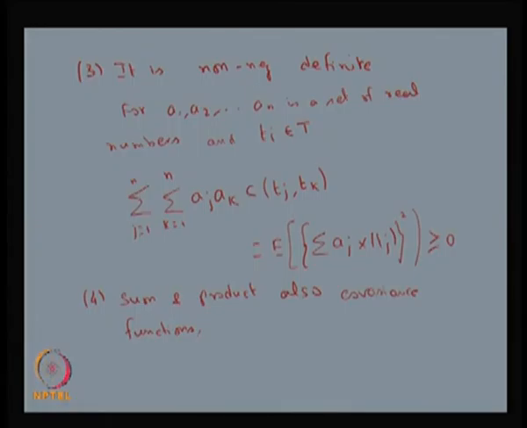This property needs elaboration. However, we assume this for this course. So these four properties are going to be used later whenever you would like to cross check whether something is a covariance function, or how to find out the covariance function. So these properties will be used.